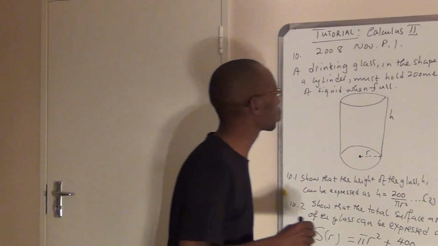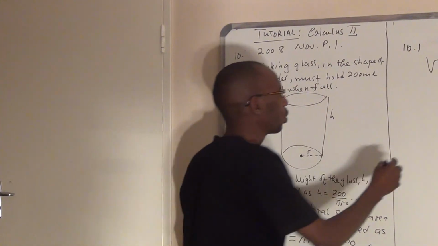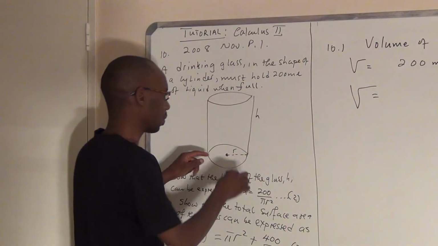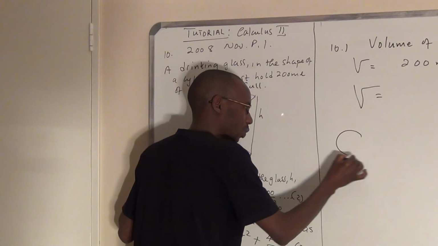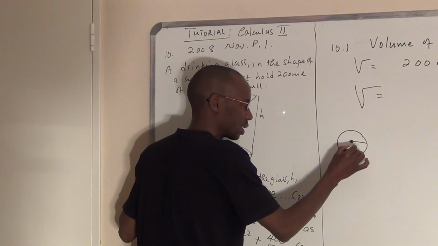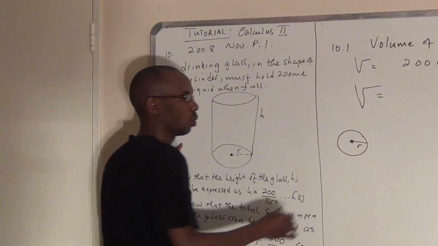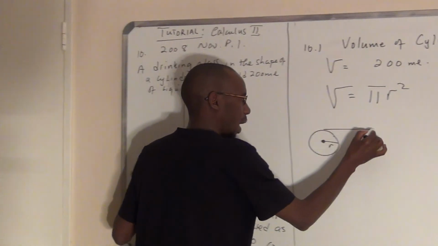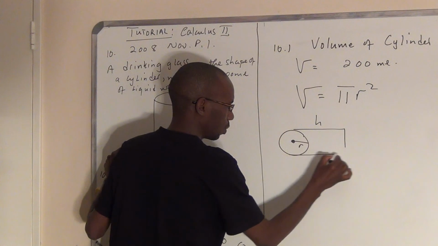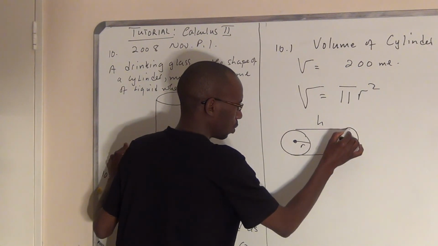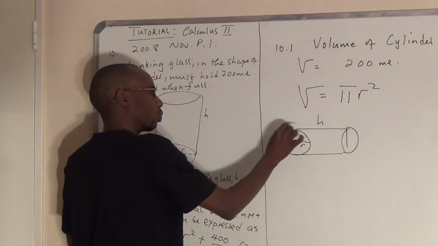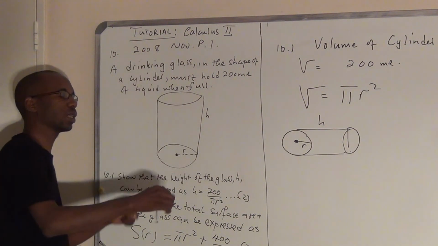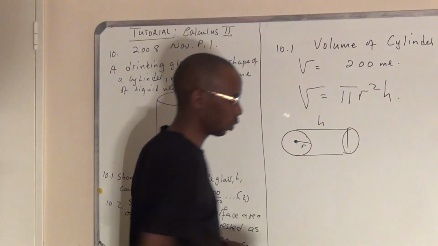More importantly, we also know that looking at the shape, the volume of the cylinder has to be the cross-sectional area. We've got a cross-section which is actually a circle, and we've been told that the radius is r. So, cross-sectional area pi r squared multiplied by the height of the cylinder. That will give us our total volume. Sorry my shape, but essentially we are saying that the cross-sectional area multiplied by the height should actually give us the volume.